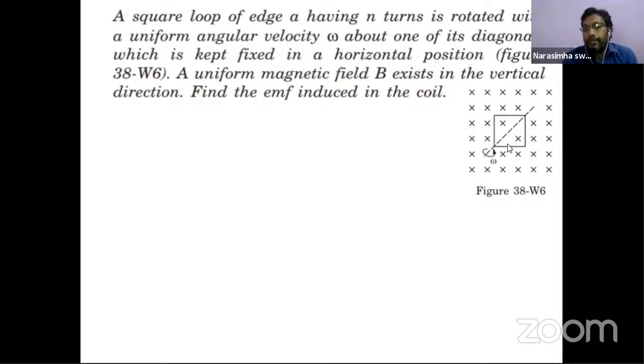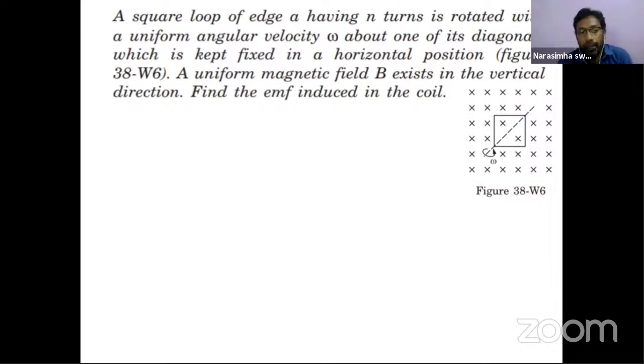So the square loop is rotating with its axis along the diagonal. Now what is asked to calculate? Find the EMF induced if the uniform magnetic field B exists in the vertical direction.